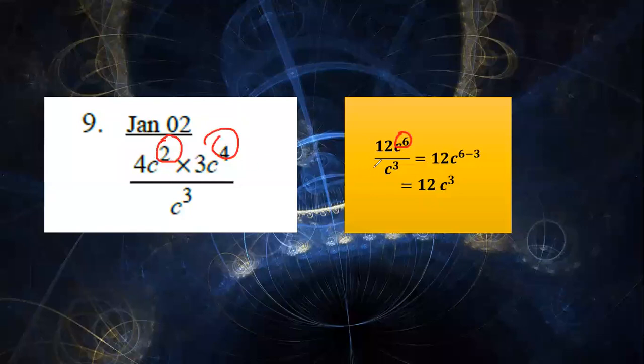And when I'm dividing indices, I take away the powers. 12c to the power of 6 divided by c to the power of 3 is equal to c to the power of 6 minus 3. And of course, if they're numbers, I multiply them as usual, right? 4 by 3 is 12. Any questions there?